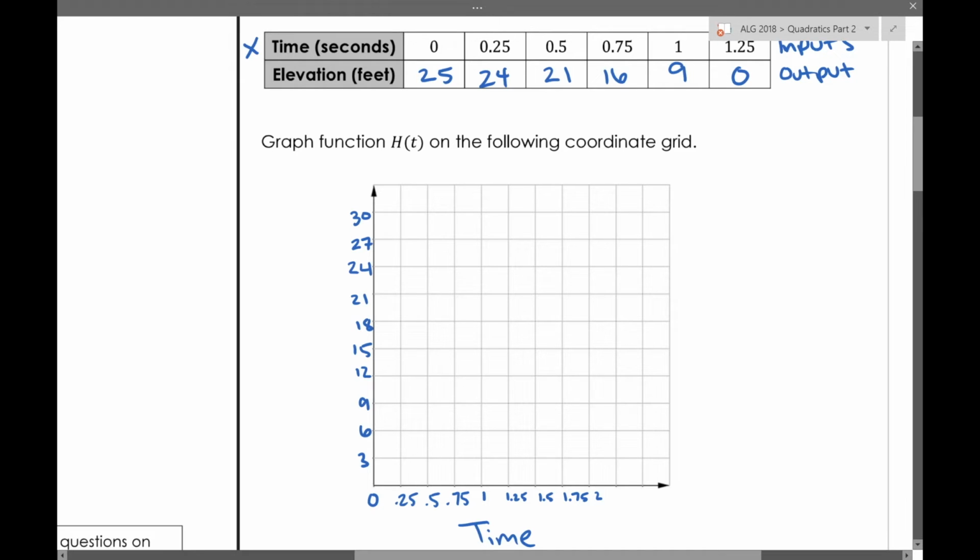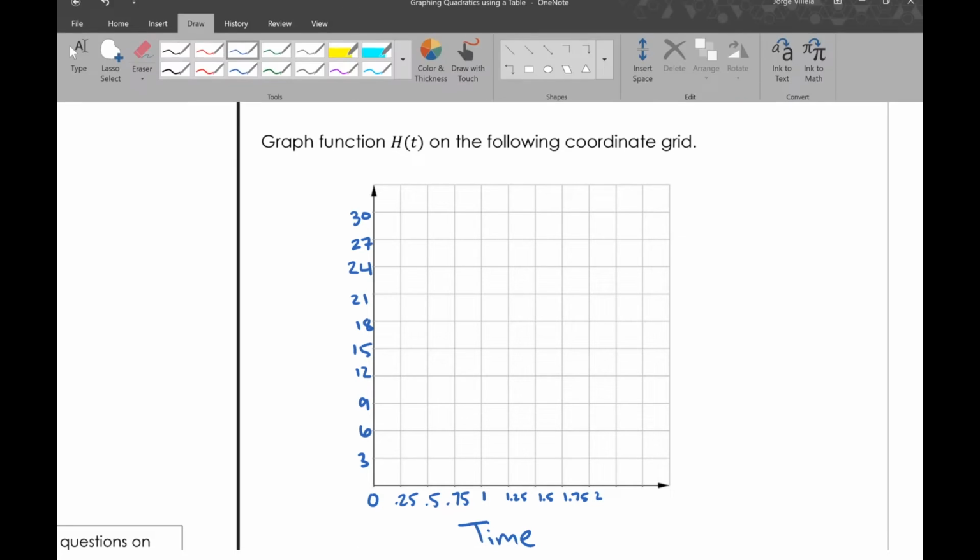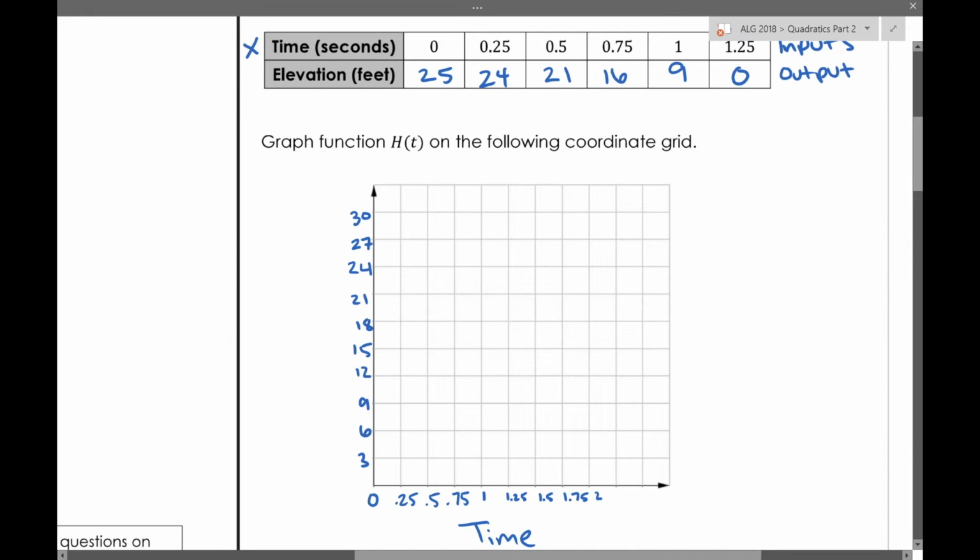Alright, so at 0 seconds, I went 25 feet. So this is actually going to be my elevation, measured in feet. At 0 seconds, I went 25 feet. So that point would be about right here.